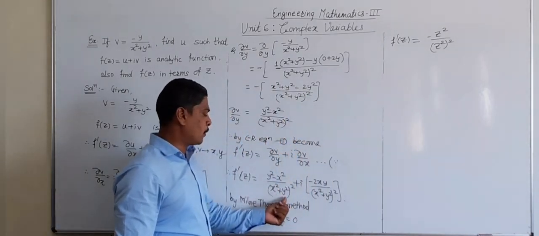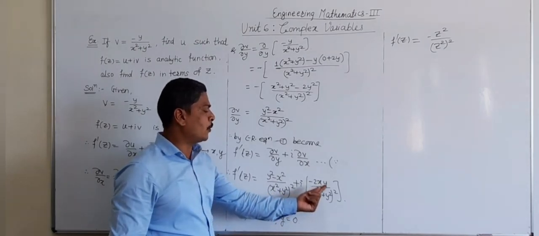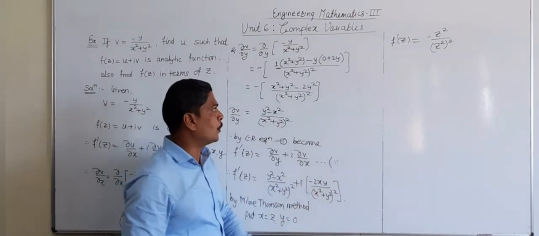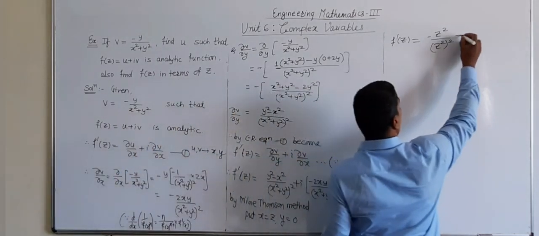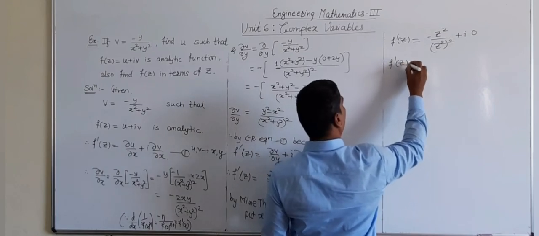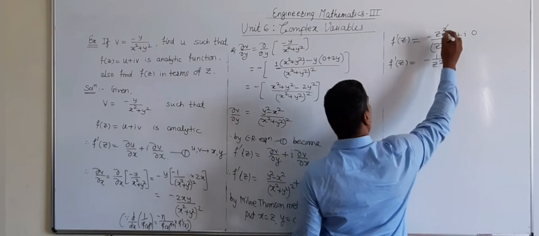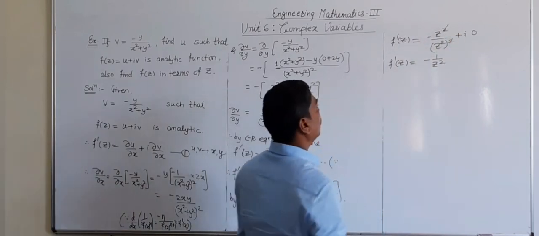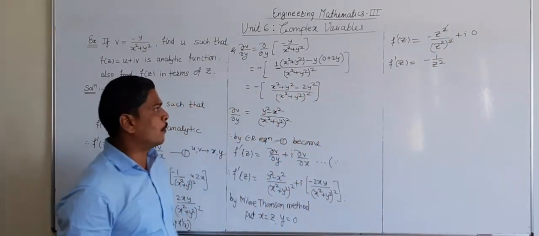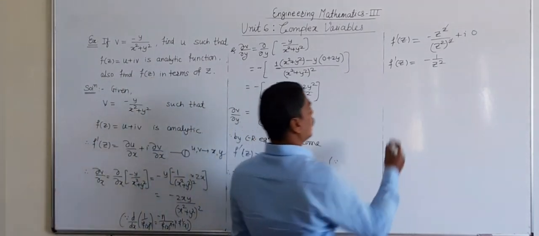So this becomes z square plus 0 is z square whole square, and here replacing y by 0, this whole term becomes 0, plus i into 0. So we get f dash of z is equal to minus of 1 upon z square, since one z square will get cancelled and one z square remains.